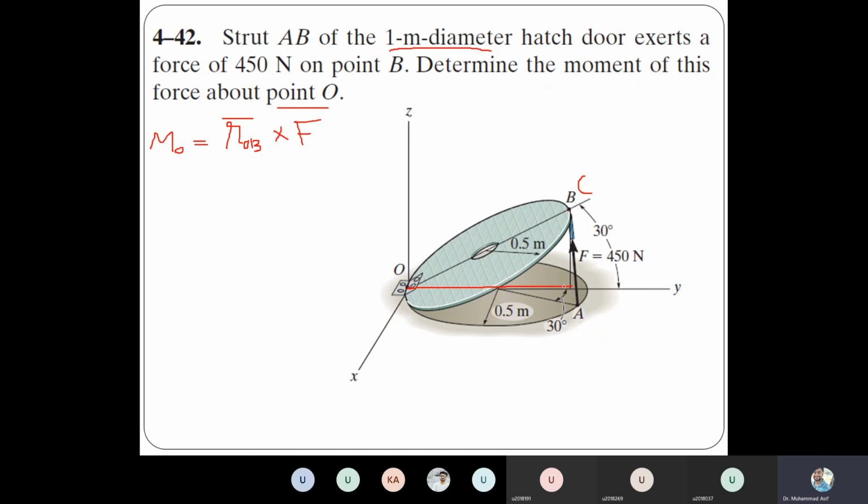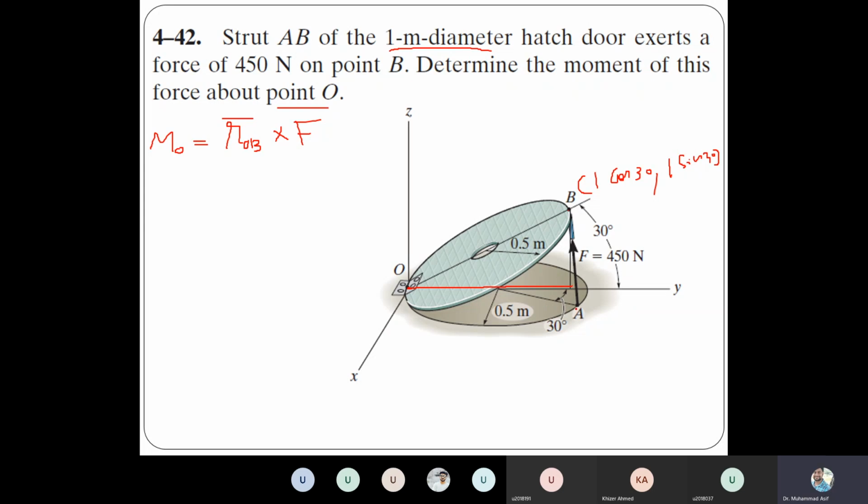So what is the horizontal? 1 cos 30. Yes, this is 1 cos 30. What about the vertical one? 1 sin 30. Yes, this is 1 sin 30. So these are the coordinates of B.